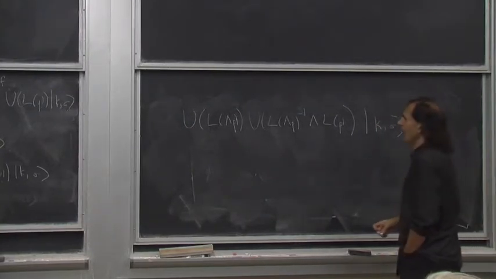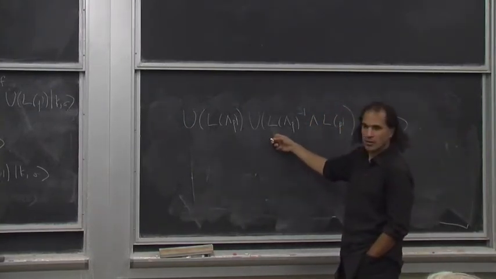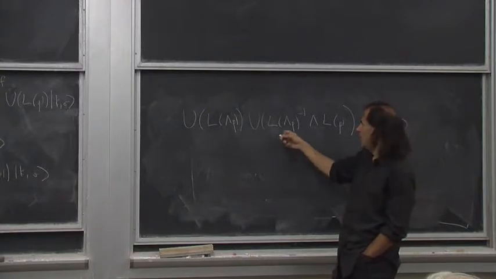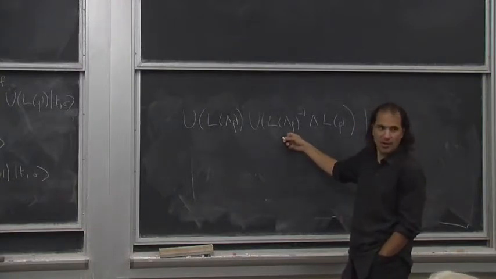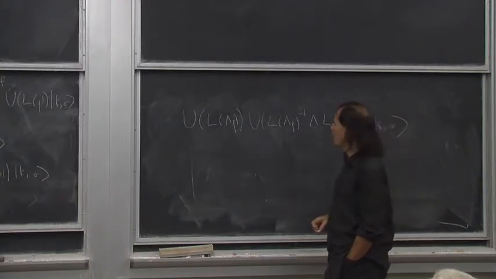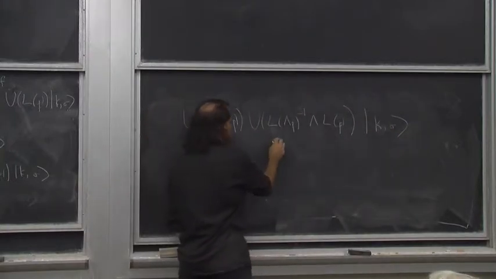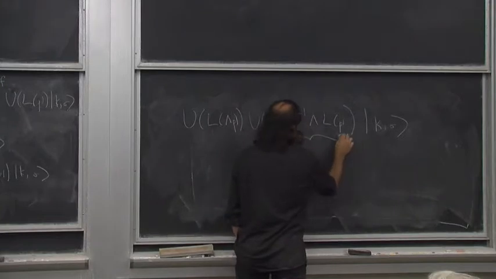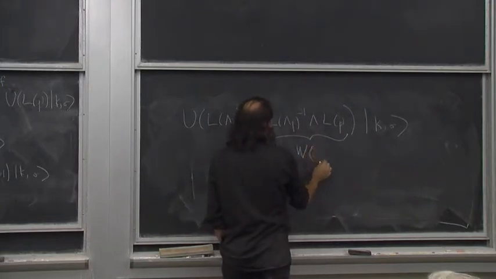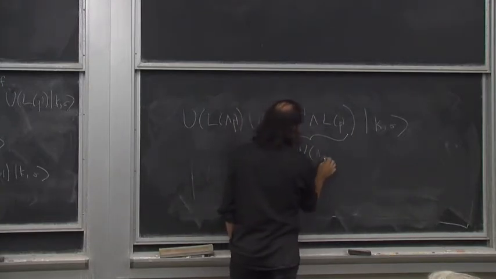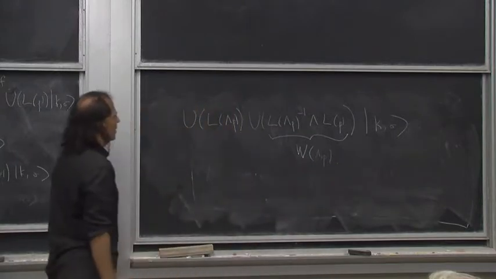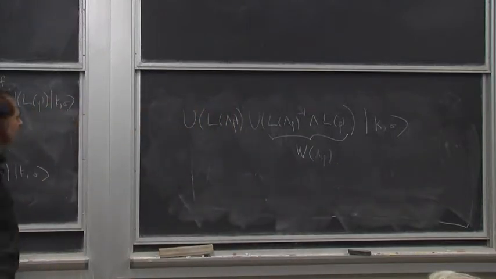Okay, so I just added a u inverse, and I move that one on the inside. And so that's great. This is L of lambda p on something. Now notice that this whole guy, you can call it W, that depends on lambda and p, and L implicitly, of course.